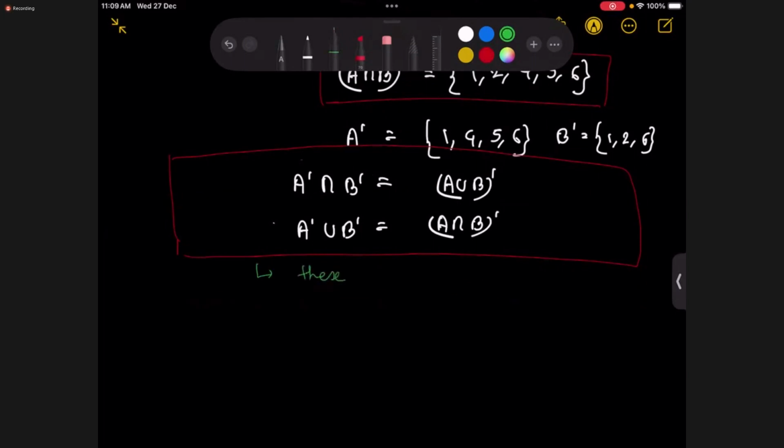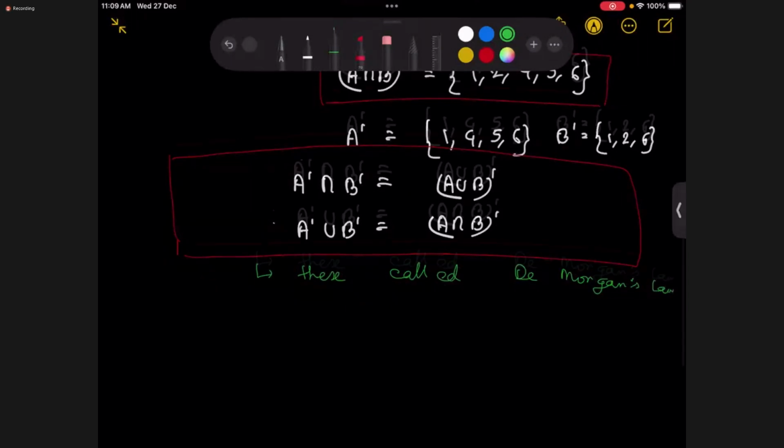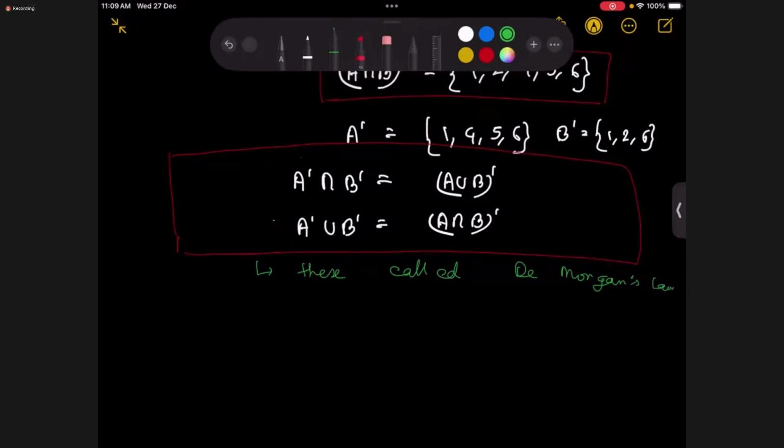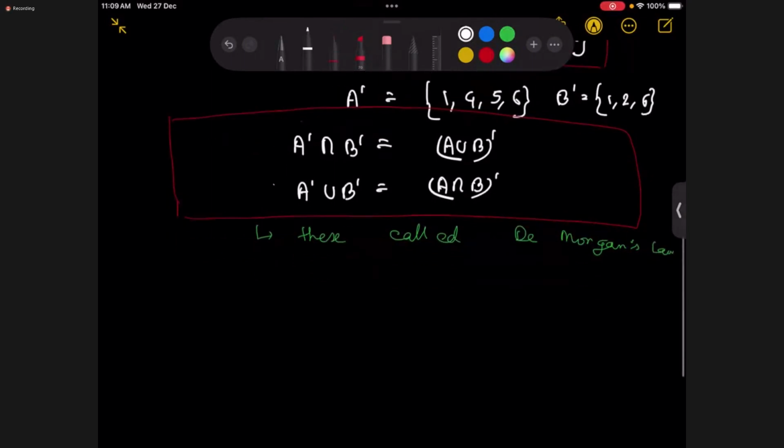It is named after the mathematician De Morgan. These two statements are called De Morgan's law. Before we proceed further, we can check these two statements with the help of a Venn diagram.